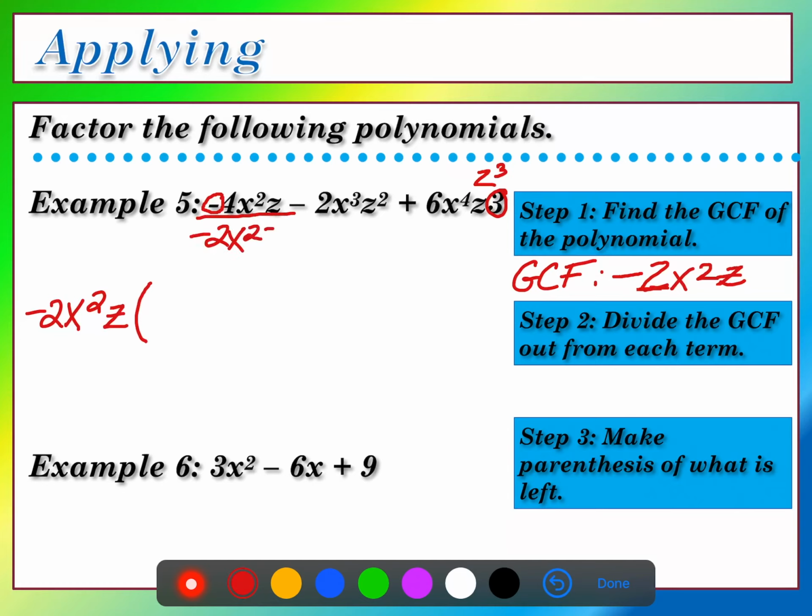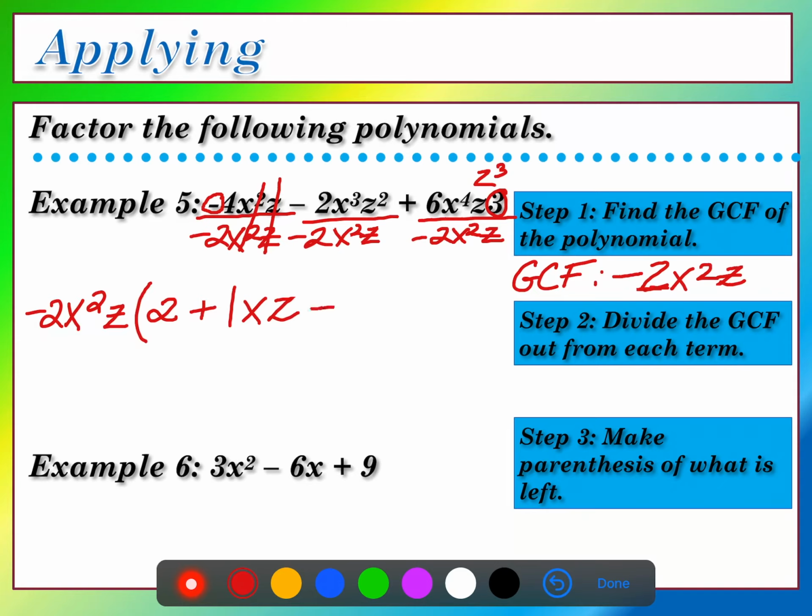So I'm going to divide each term. So I'm going to use exponent rules now to divide each term by the GCF. Okay, so I end up with just a 2 because my variables cancel here, plus 1xz.